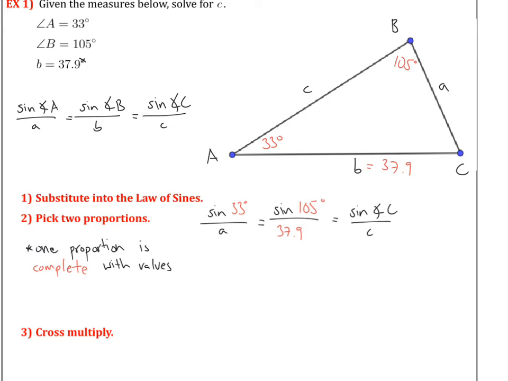If we look at all three of these, we see that the middle proportion, the one that contained angle B and little b, is complete with values because we knew what the angle was and we knew what the side was.